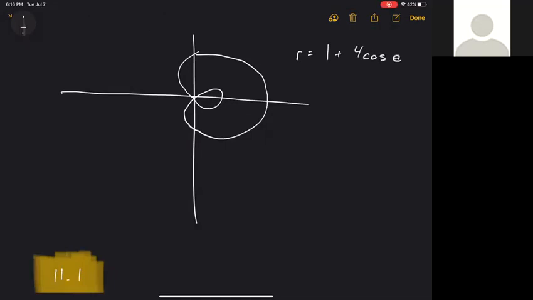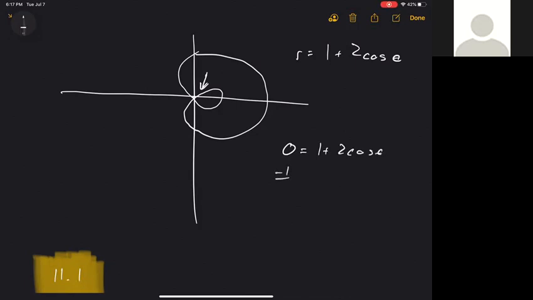It would give you one of these, what are they called, limacons, I believe, where you have this outer loop and inner loop, and you've got to find where this inner loop begins. Actually, 4 cosine theta would be hard. Maybe it's 2 cosine theta. So you've got to figure out when this curve passes through that intersection, the origin. This intersection is when the radius equals 0, right? So you would set 0 equal to 1 plus 2 cosine theta, and then solve for theta essentially.